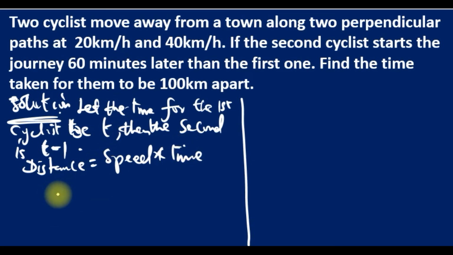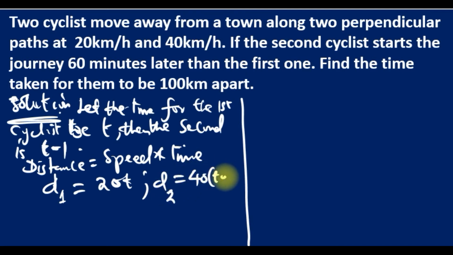So for the first cyclist, d1, the distance is 20 times t, which is 20t, while the second one, d2, is 40 times t minus 1. So we've converted it to distance because they gave us the distance apart.